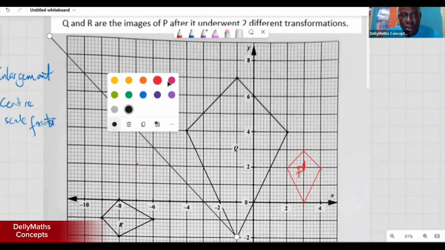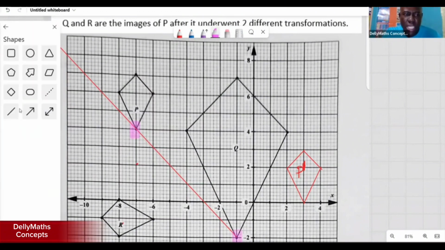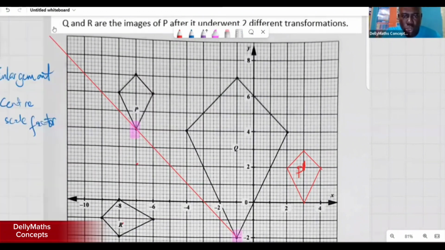So you're going to draw a very long line through them. And I'm referring to the fact that, look, they correspond with each other. This point corresponds with that, right? And then I'm going to just find any other. So you just need any two pairs, just two. So I'm going to connect this one to that, right?